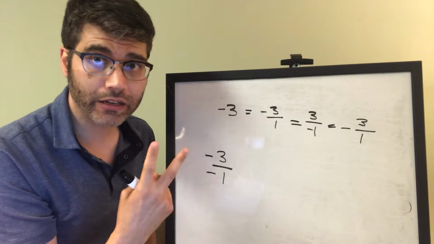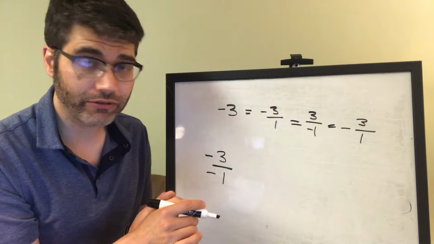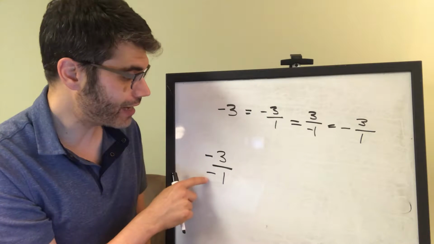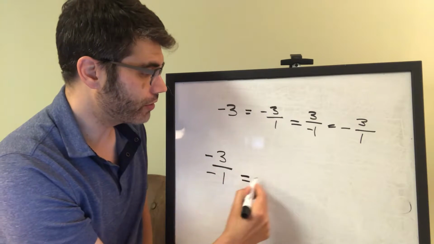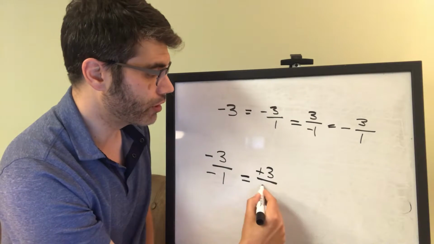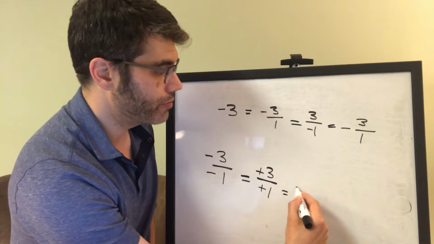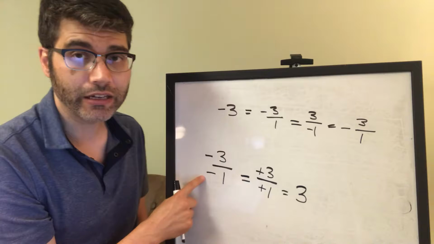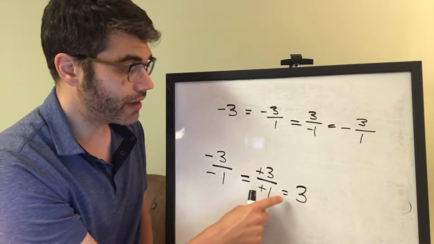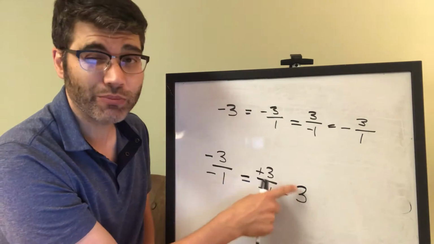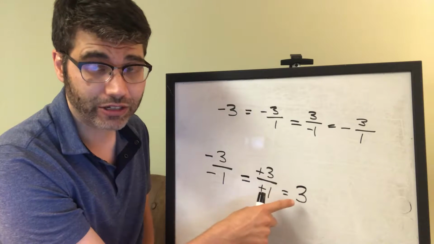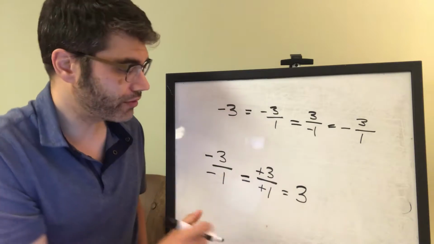When you have two negatives, they cancel out to make a positive. So a negative over a negative cancels out to be a positive over a positive. So that would be a +3. So two negatives equal a positive. If there is a positive, you don't need to put the actual positive sign. It's just implied that it's positive.